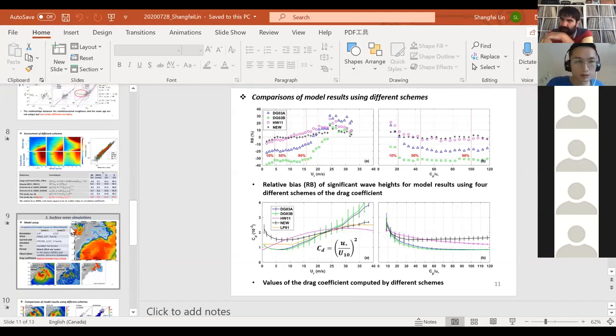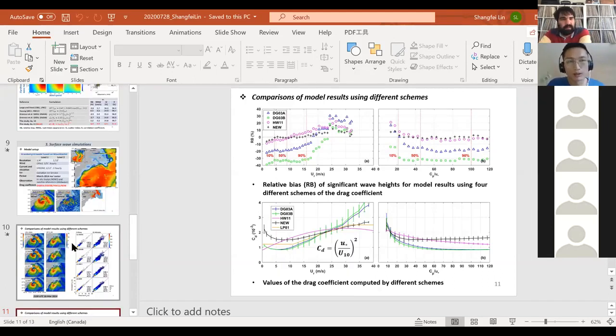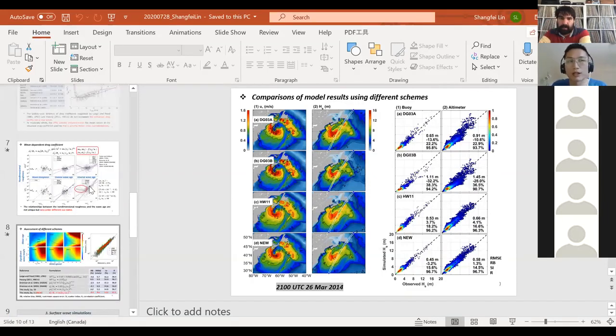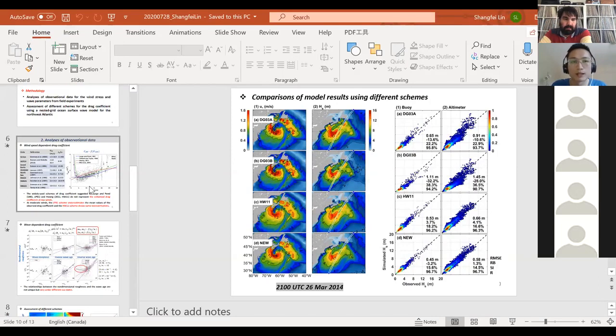Yes, that's a good question. Because this formula requires information on the ocean surface waves, if we want to use the new formula, we have to have information for the ocean surface waves. At least we should have the wave age and the wave height for this formula. If we really want to use this, there are two ways.